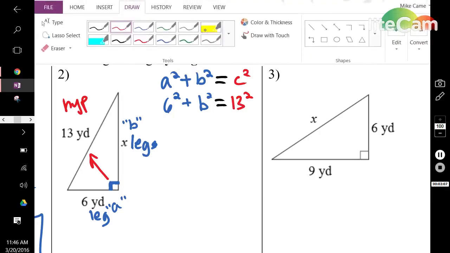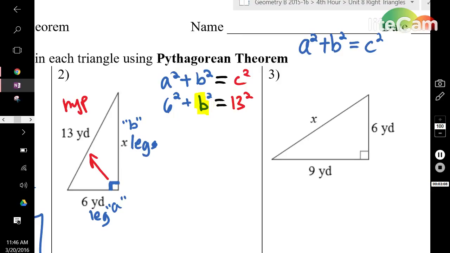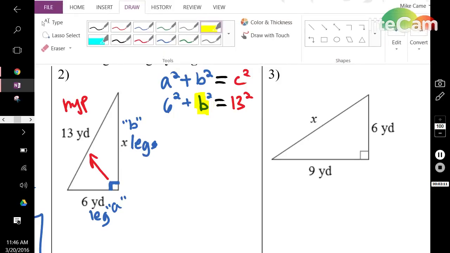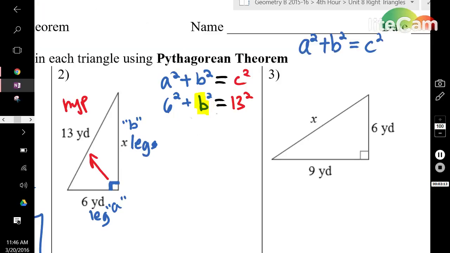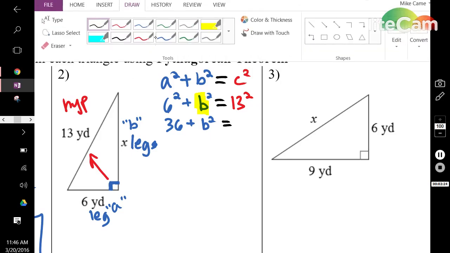So right now we're solving for this b value. So we need to evaluate the squares and solve for b. So 6 squared is 36. b squared remains the same. And 13 squared is 169.